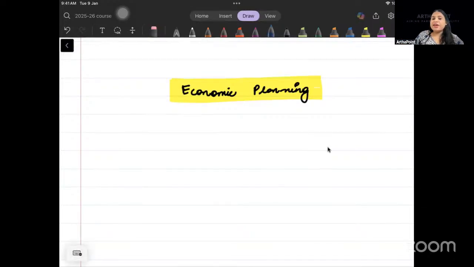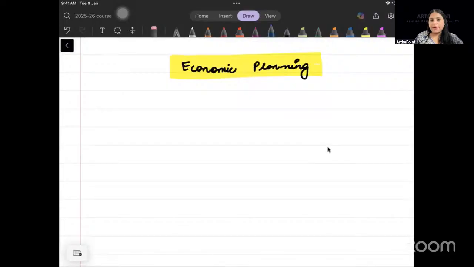So there are various definitions of economic planning that we have. I'm writing the first definition given by H.D. Dickinson.